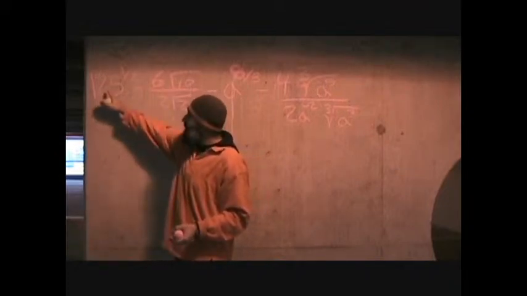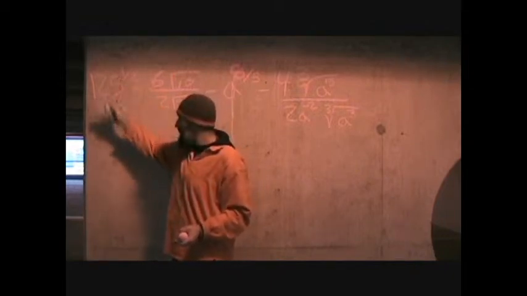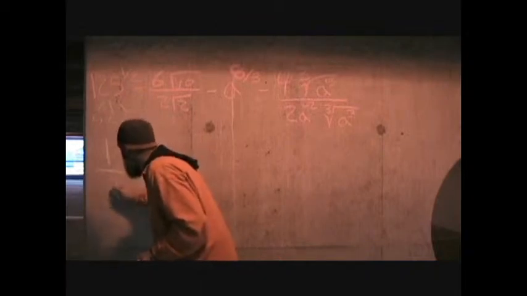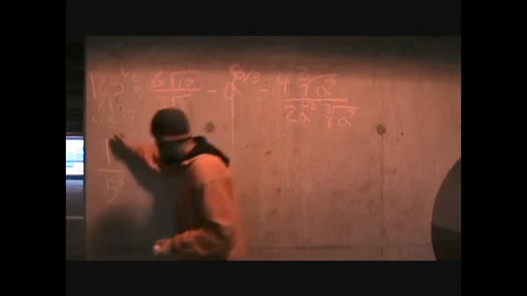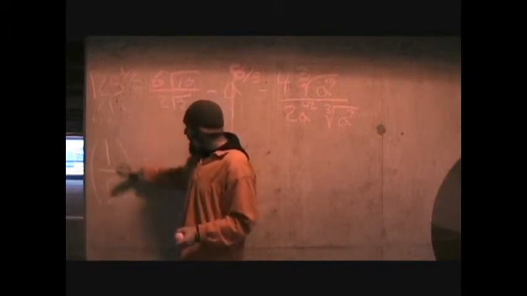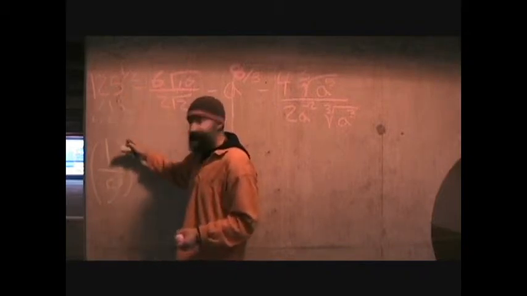Now, I want to kick this down to the denominator, so I'm going to apply a negative sign to the exponent. So this is going to be 1 over 5 cubed. Okay, let's put this in a bracket. Now, because this was in the numerator, I kicked it down to a denominator, adding a negative sign here.